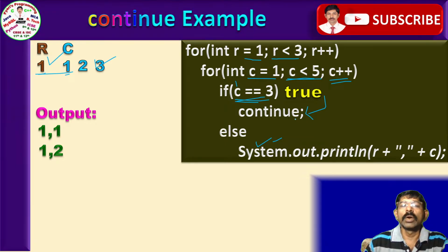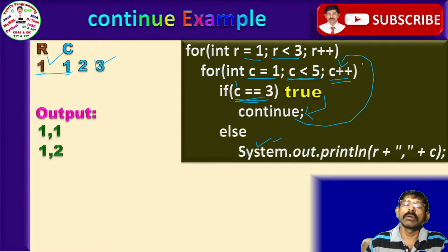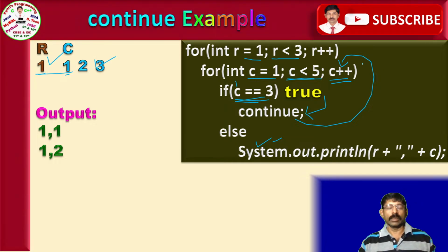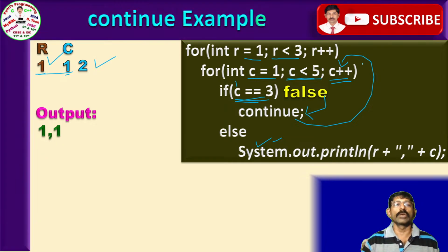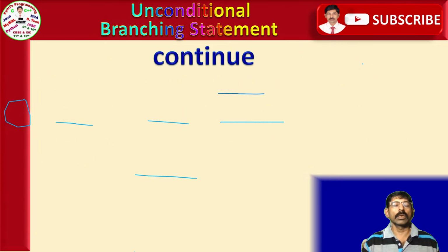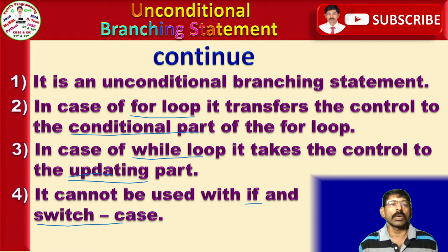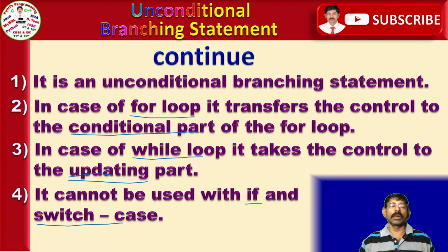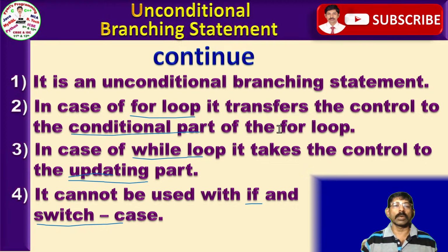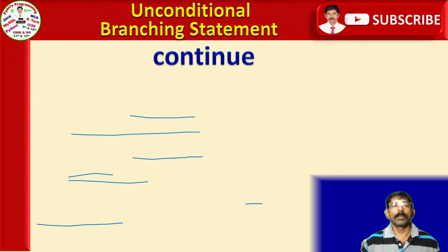What is continue? It will take the control to the updation part of the for loop. But in the case of while and do while, the condition. I think I made a mistake over here. It is wrong. In case of for loop, it transfers the control to the updation part.